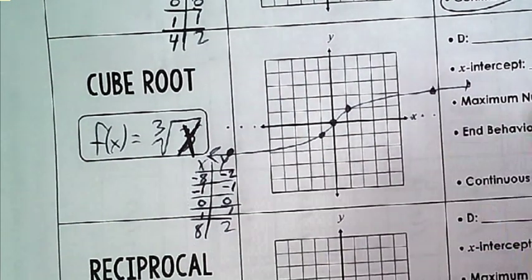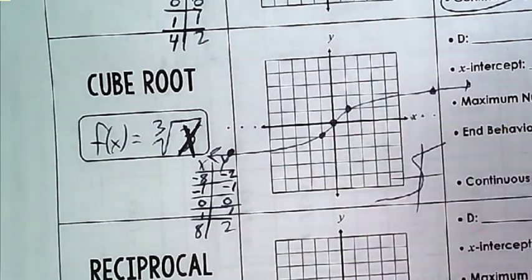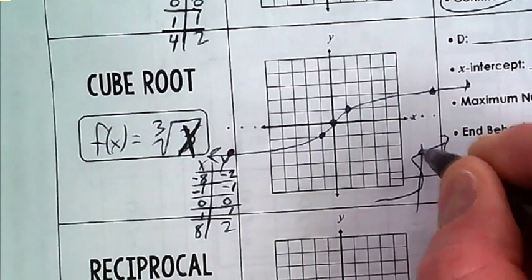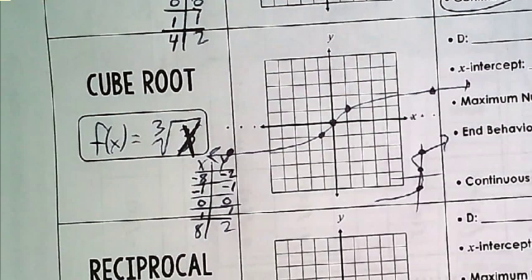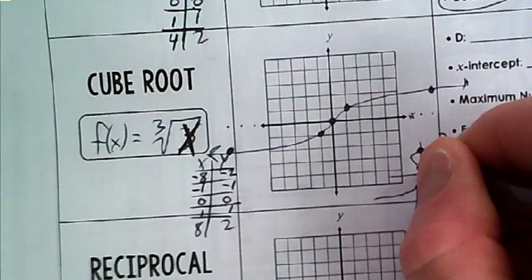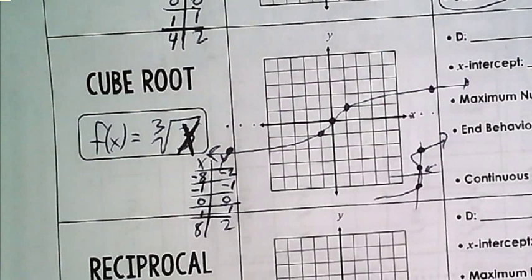So it could look like this. It could do this, okay? But this is 1, 2, 3 on the y-axis, but only 1 time on the x-axis. So it's going to be maximum of 1.